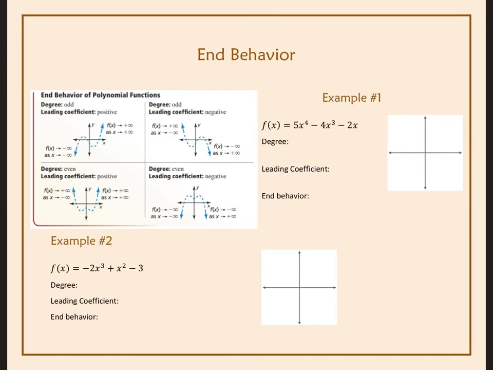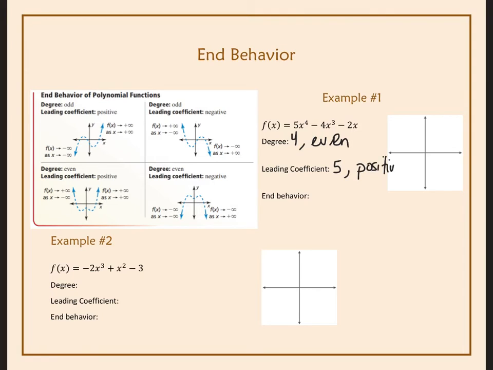So we're going to practice a couple times, and again, end behavior is going to be our main goal here. So for this first one, the degree, it's a 4th degree, which is even. My leading coefficient is the number in front of my 4th degree, that's 5. It's positive.